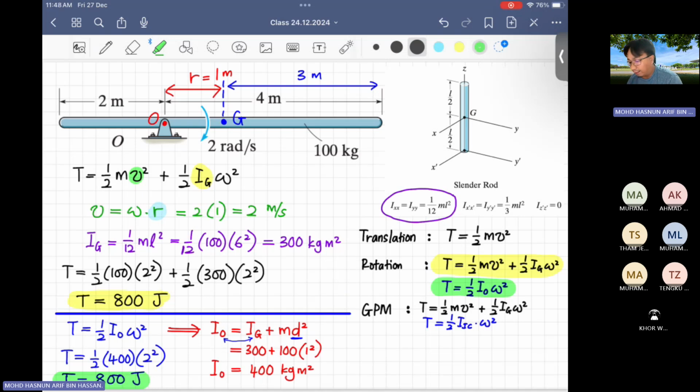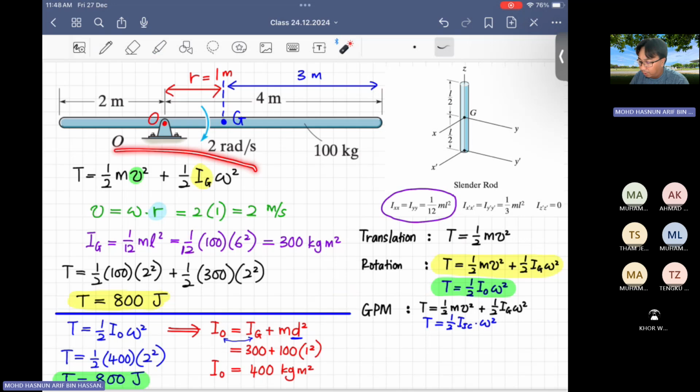So you can see that using both formulas still gives the same answer for the kinetic energy. The second formula, T is equal to 1 over 2 IO omega square, is easier to calculate than the general formula, which is 1 over 2 mv square plus 1 over 2 IG omega square.